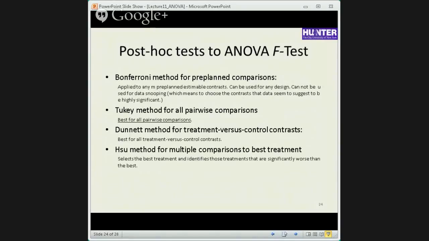Here, you'll find under the analysis of variance, under the options, there are a whole bunch of options for post-hoc tests. I'm just summarizing a few of them here. The Bonferroni one is not the one that people usually use, but it bears mentioning because this is an extremely versatile test.